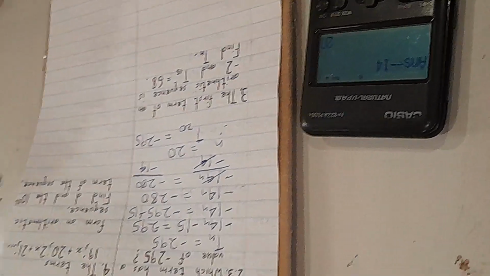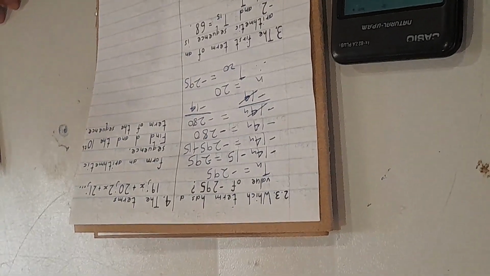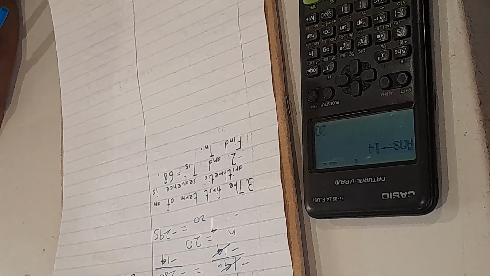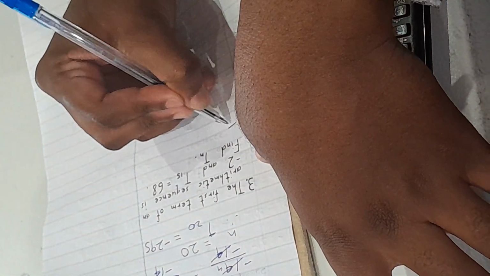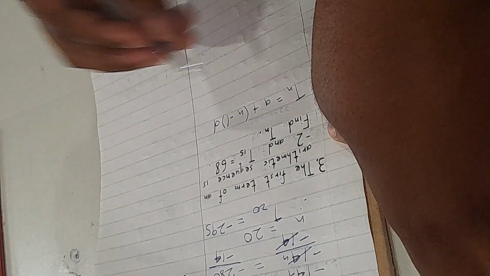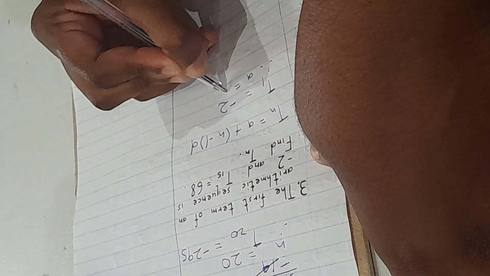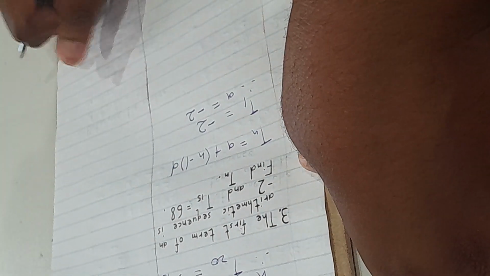Okay, number 3 states the first term of an arithmetic sequence is negative 2 and T15 is equal to 68. Find Tn. So as usual, we're going to start with the formula. Tn is equal to a plus n minus 1 d. We are given the first term is negative 2, so therefore A is negative 2. Then we are given T15 is 68, right? So it's going to be T15.